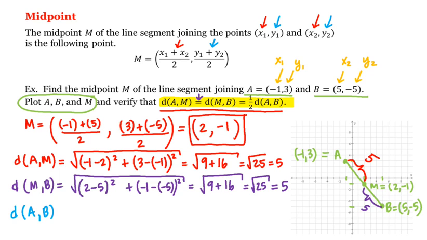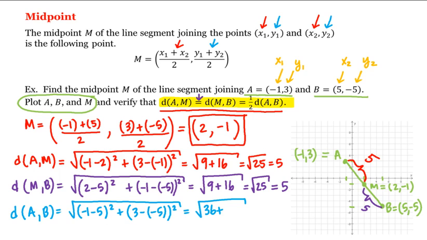The distance between A and B is equal to the square root of the difference in the x-coordinates squared, so -1 minus 5 quantity squared, plus the difference in the y-coordinates squared, or 3 minus a -5 quantity squared, which is equal to the square root of -1 minus 5 squared, which is -6 squared, or 36, plus 3 minus a -5, or 8 squared, which is 64, which is the square root of 100, or 10.